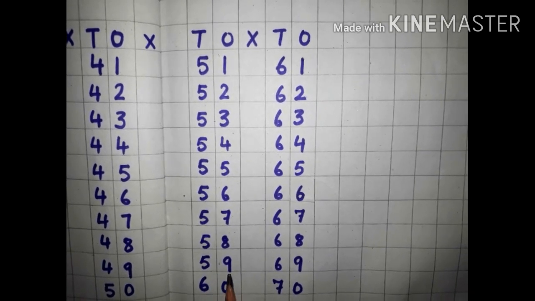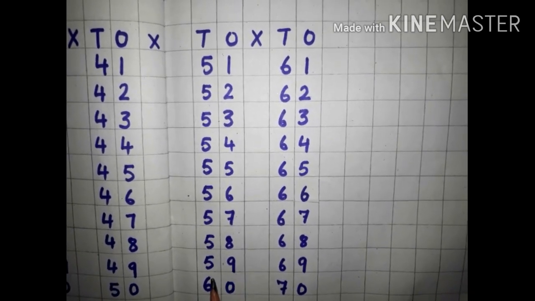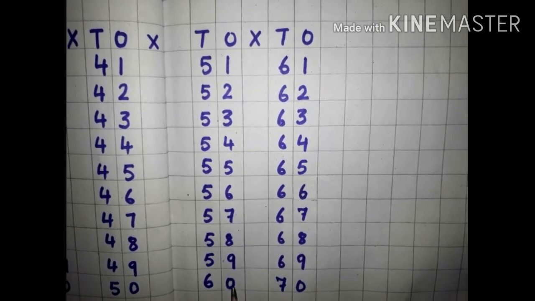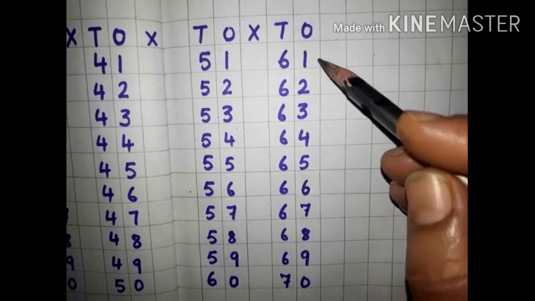What comes after 59? Children, tell me now. Number 60. It's 6, 0, 60. Now come to the next row.